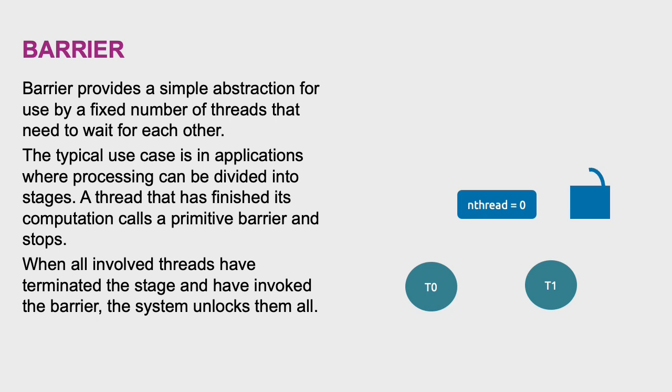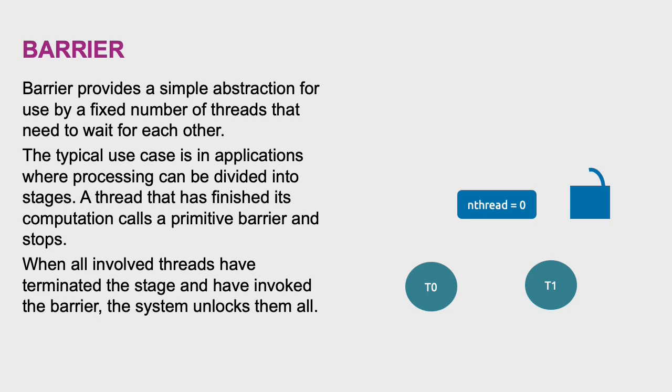After the second thread, thread T1, has entered the barrier and the lock has been opened, both thread T0 and T1 can finally enter into the barrier. So thread T0 has been waiting for another thread, namely thread T1, to join the barrier.